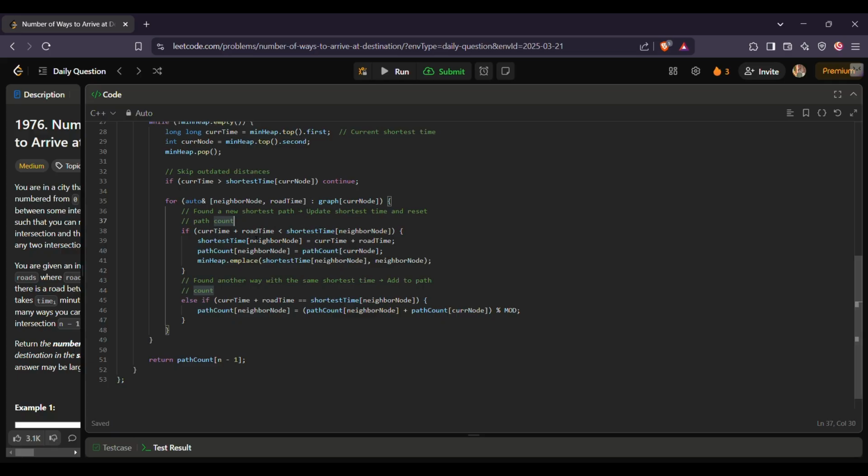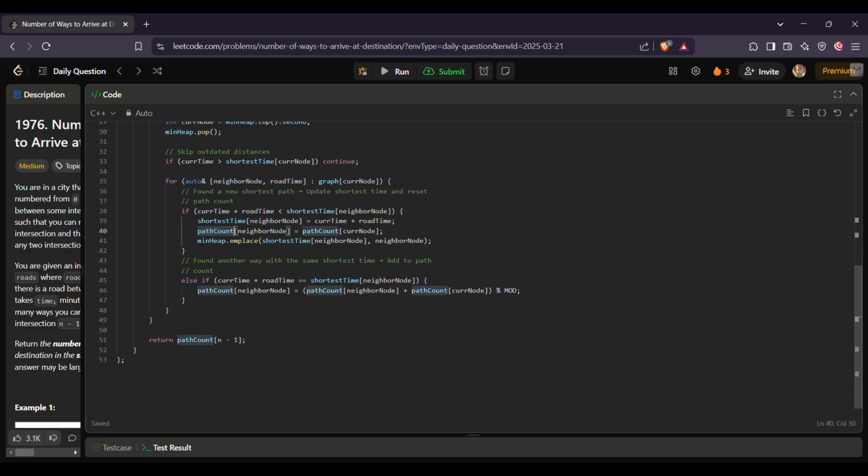So this is the total code. Then if the current time plus the road time is smaller than the shortest time of the neighbor node, we update the value, and we update the path count also.